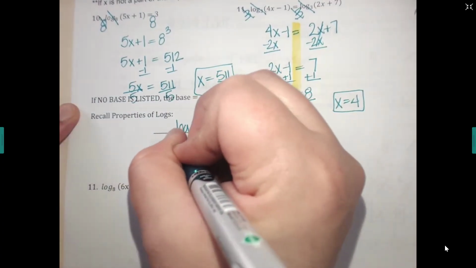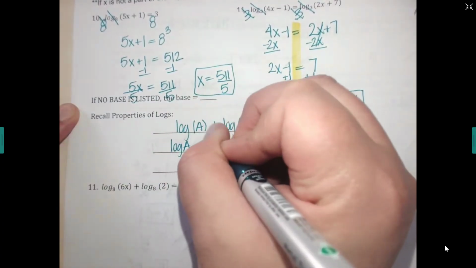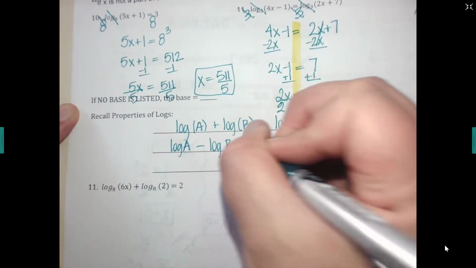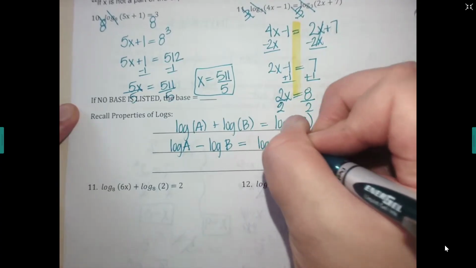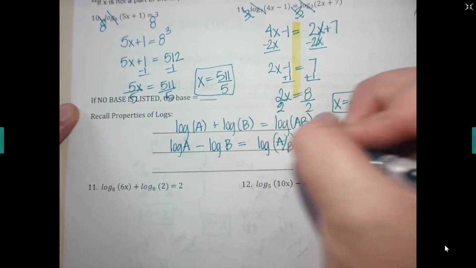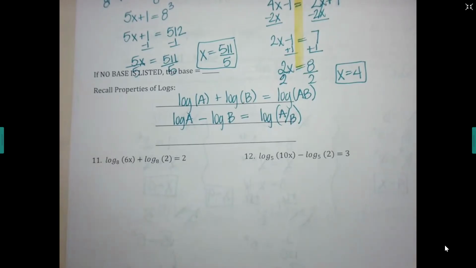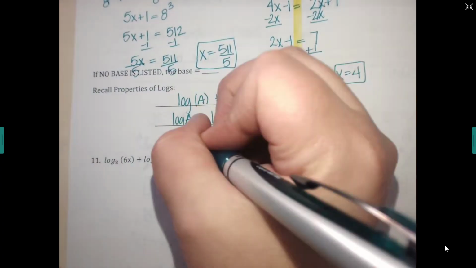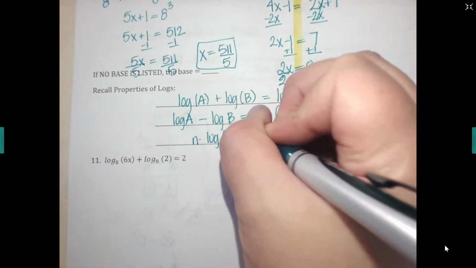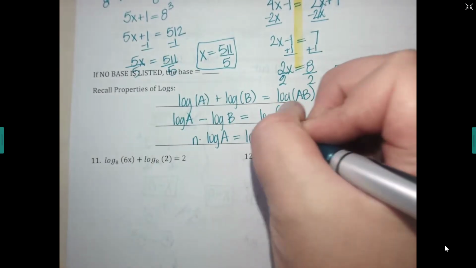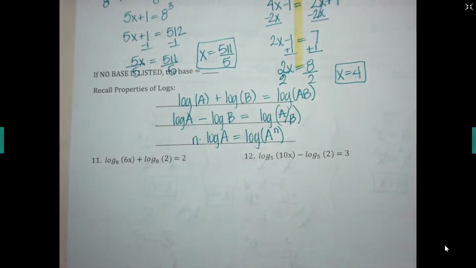So if I had a log A minus a log B, and I want to put them back into sharing the same log, I would do log of A over B, and you'd be dividing. Okay, the last rule is that if you have a front number, you can float it up to the top as an exponent. So if I have an n log A, I can pop that n up to be a power on the A.